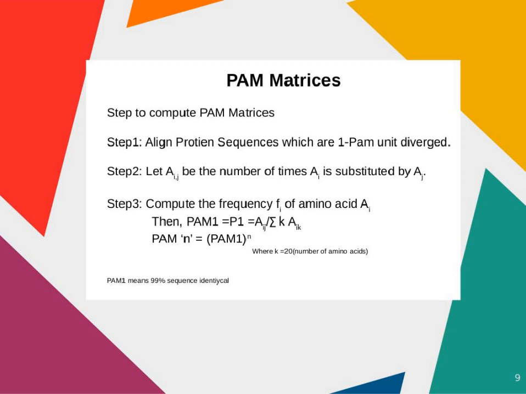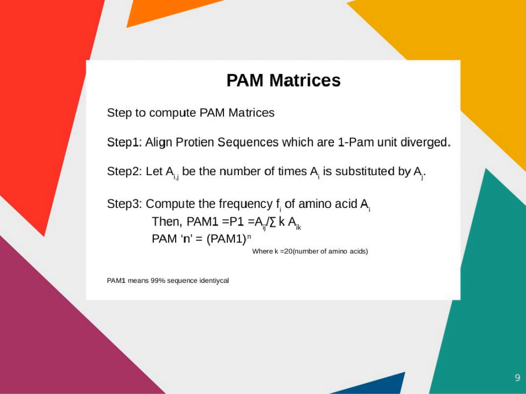Then step 3, compute the frequency f_i of amino acid a_j. Then PAM1 is equal to a_ij divided by sigma k of a_ik, where k represents the number of amino acids.